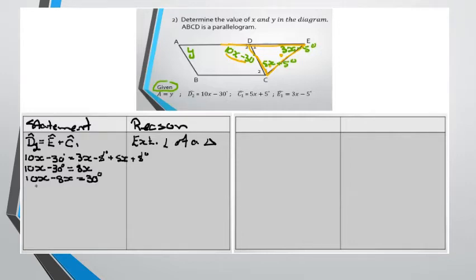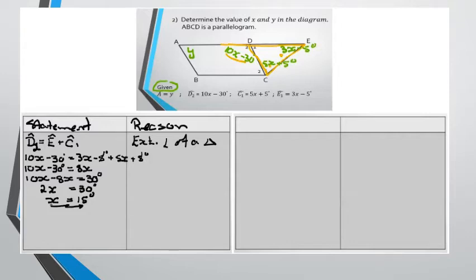On the left, 10 minus 8 is going to give me 2x equals, on the right, 30 degrees. Then divide on the left by 2, divide on the right by 2. It seems to me that my x is going to give me a value of 15 degrees. And there I have determined the value of x in that particular case.